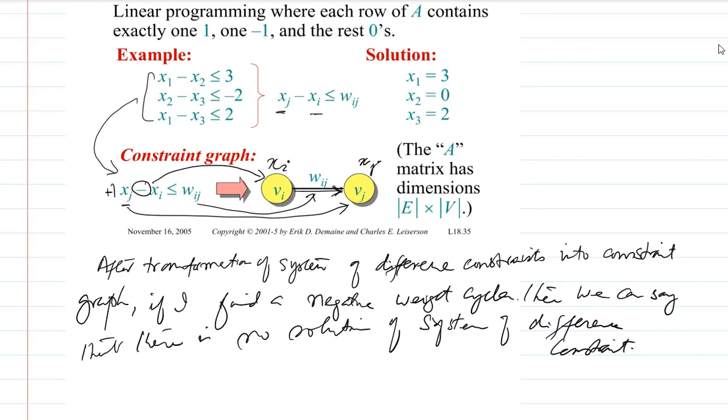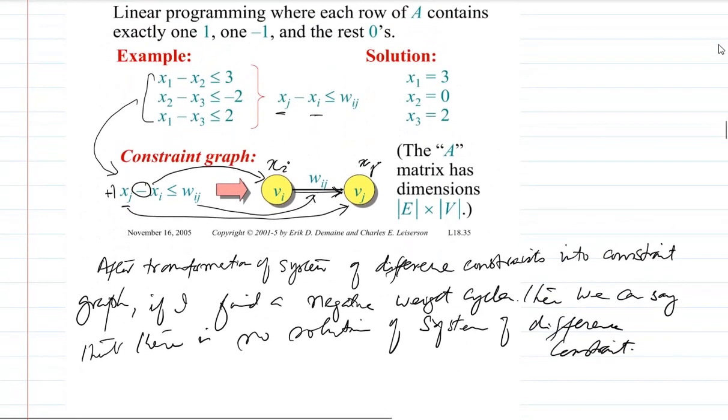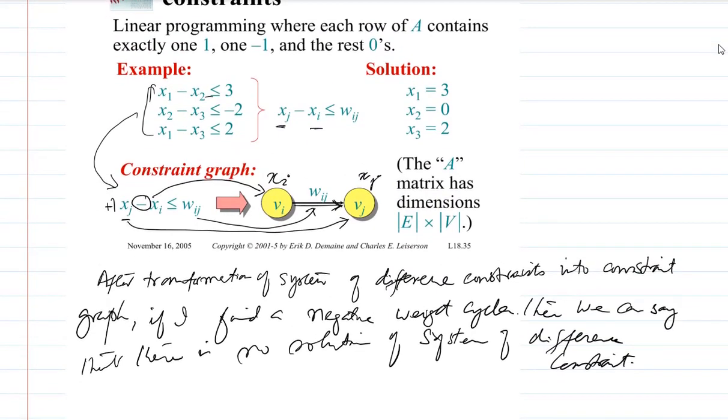Now let's say I want to transform this system of difference constraints into a constraint graph. What will be the final graph? Using this representation, we will have v2, which is the originating one, and it should terminate on v1, and the edge weight should be 3 in this case.